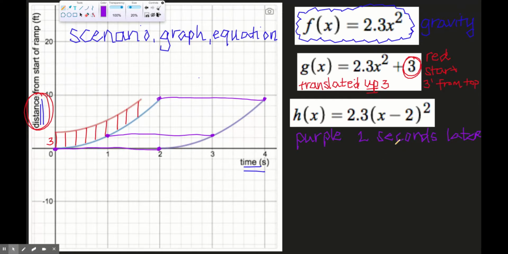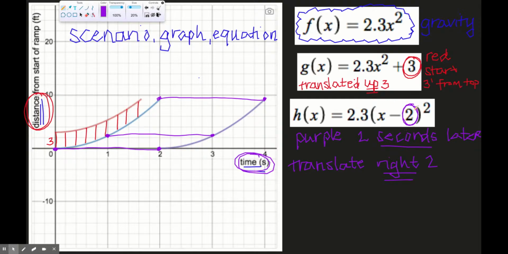So because I'm talking about seconds, I translated this graph right 2. Because it's to the right, because it's horizontal, I know that I've changed the time. I have changed the independent variable, and that's this 2 right here.